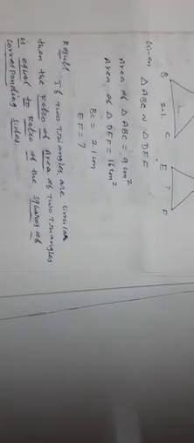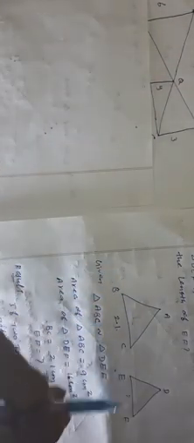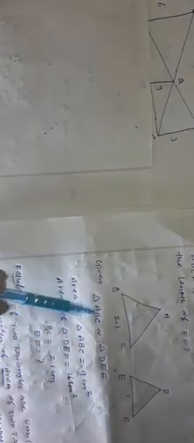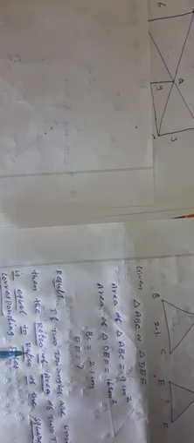Now, the two triangles are similar, so I can take the ratio of corresponding sides. The two triangles ABC and DEF are given, and the two areas are also given. So now we can use this result: the ratio of the areas of two triangles.